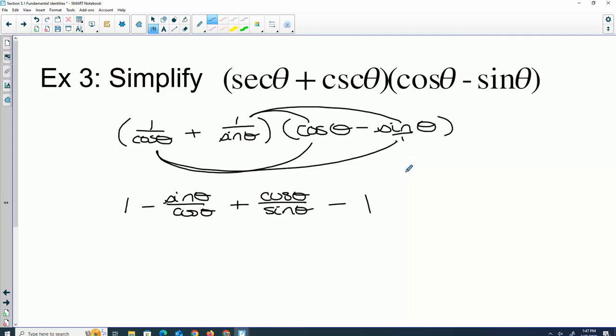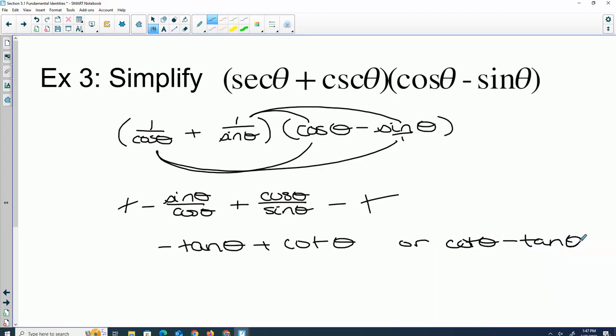What happens to my 1s? Those cancel. Sine divided by cosine is tangent. So we have negative tangent theta plus cosine over sine is cotangent. So you could write it as that, or if you wanted, you could switch it and make it cotangent theta minus tangent theta.